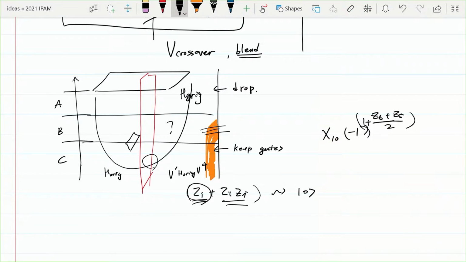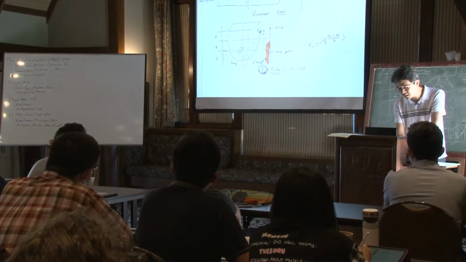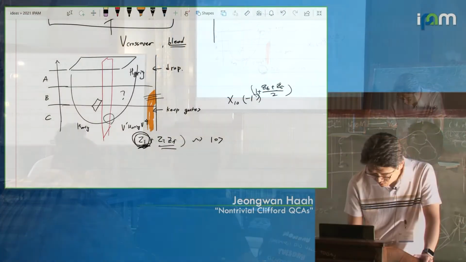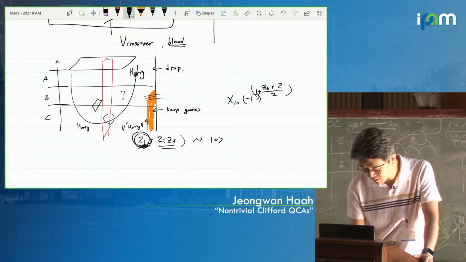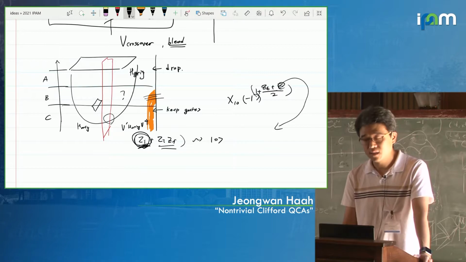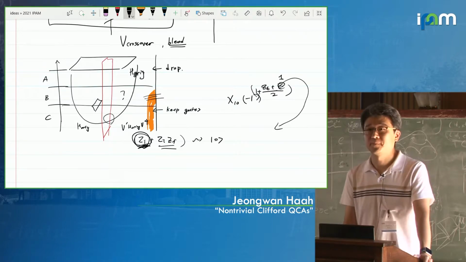Then using the knowledge that on the ground state the sigma z takes +1 eigenvalue, I'm free to remove any sigma z as long as it is supported on region C, replacing it with the scalar 1.